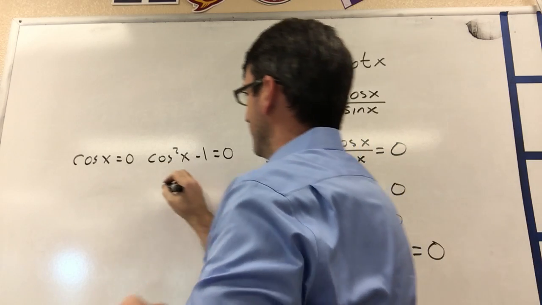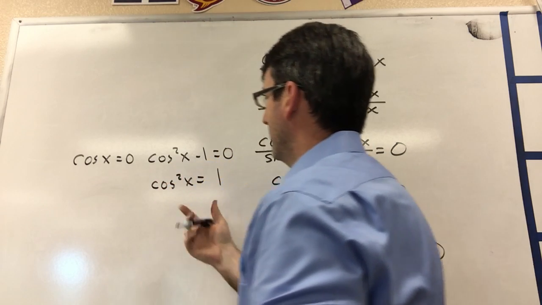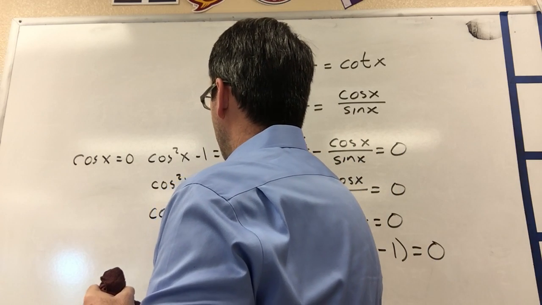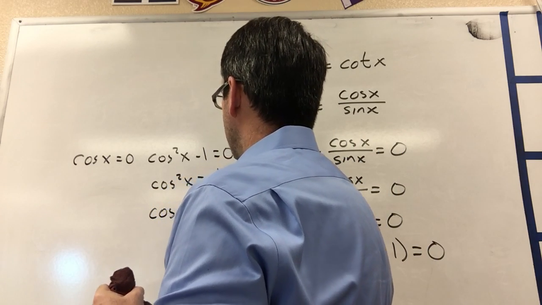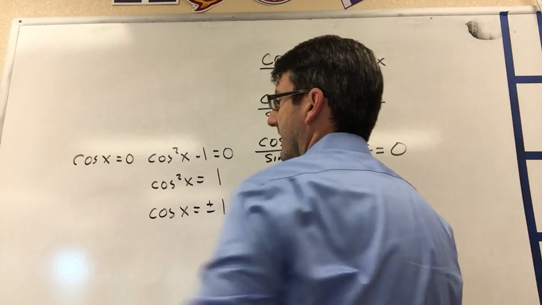So let's take this one first. We get cosine squared x is equal to 1. If we take the square root of both sides, we get cosine of x is equal to plus or minus 1. Over here, we've got cosine x equals 0.